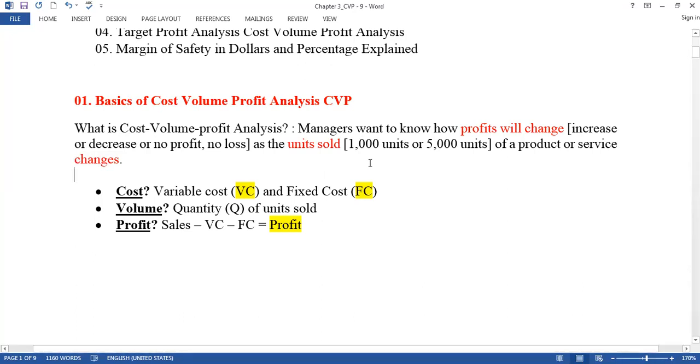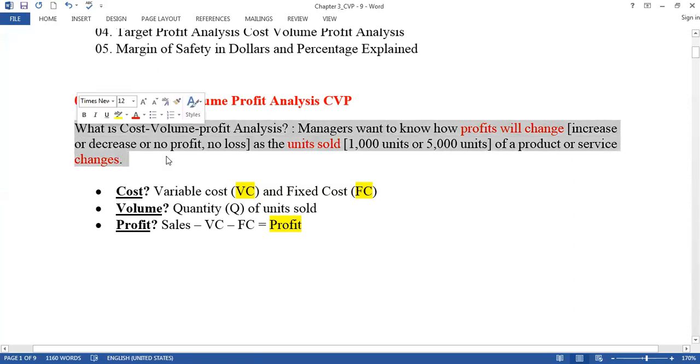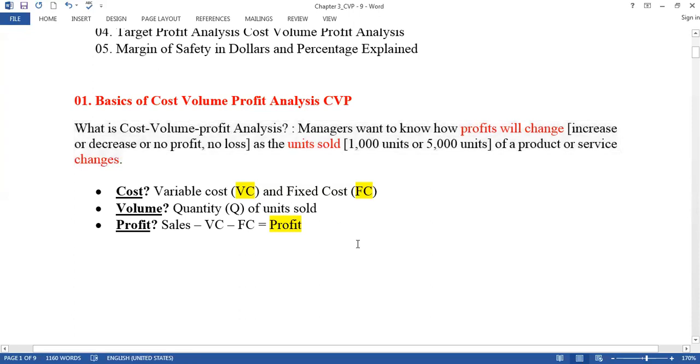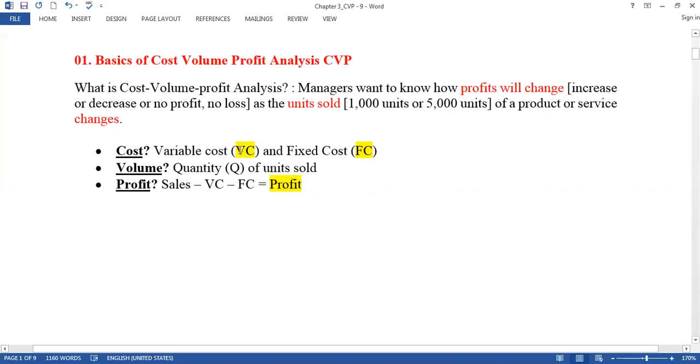So as a manager, if you want to know whether your profit will increase, decrease, or not change, it is related to how many units you are going to sell. You will get answers to this kind of question from CVP analysis. You should know that we have two types of cost: variable cost and fixed cost. And we should know this equation: profit equals sales minus variable cost minus fixed cost.